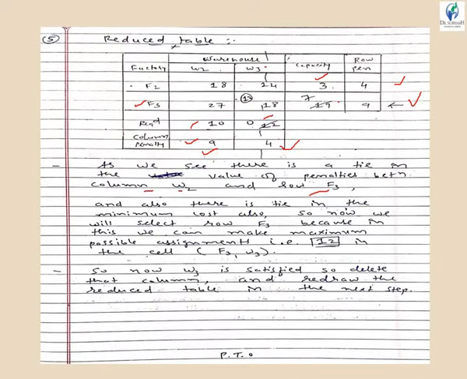If you go through this column, the lowest cost among 18 and 27 is 18. So if you do allocation over there, it is possible. But if you see the row that has penalty 9, there also the lowest value is 18, so there is also a tie in minimum cost.